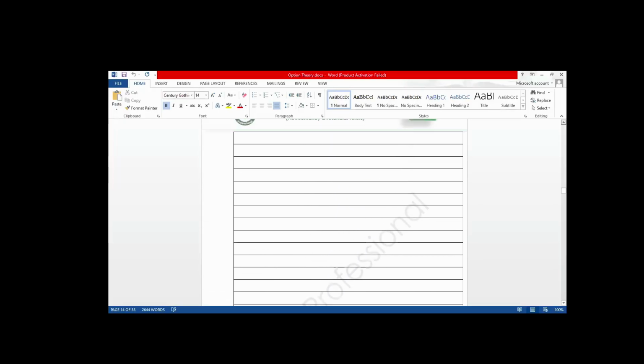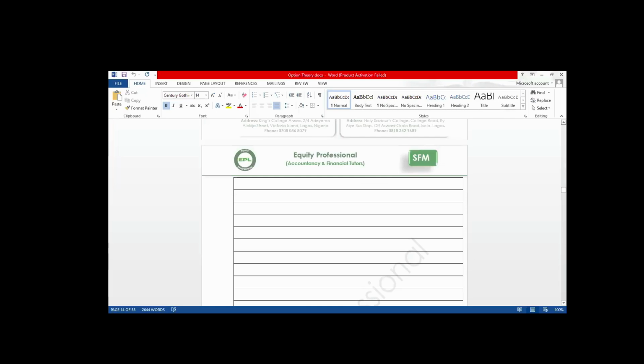There are 5 input variables. If you are to value an option, there are 5 variables required. What are these variables?